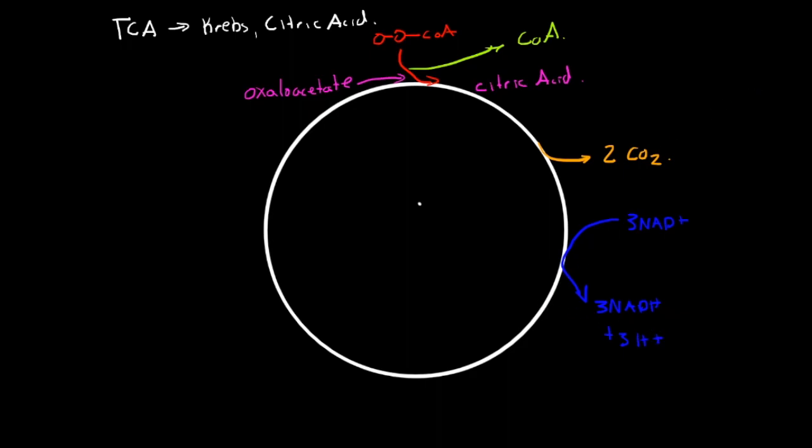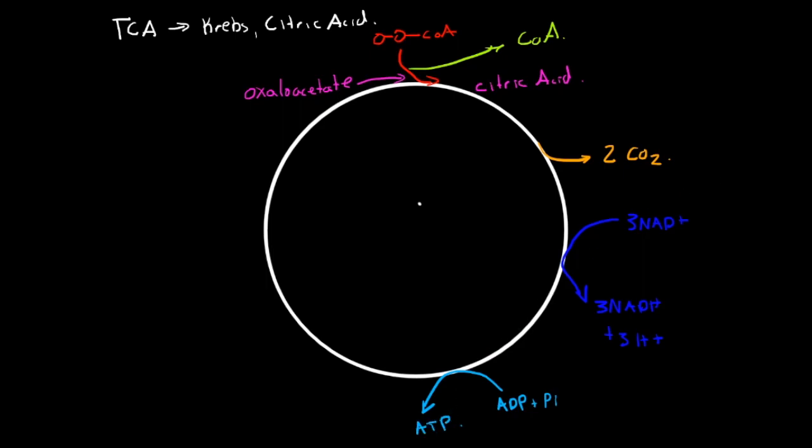And then here, interesting, we have our first ATP molecule since glycolysis. So right here, you're going to have an ADP plus a phosphate group come to make a molecule of ATP.